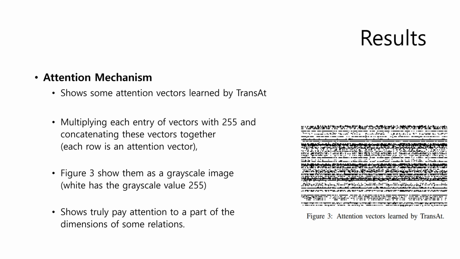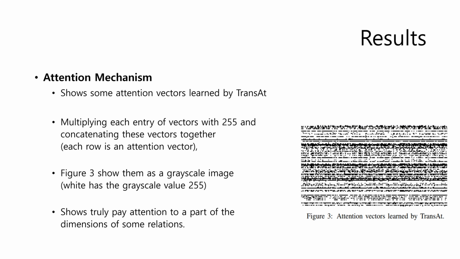And lastly, Figure 3 shows some attention vectors learned by Transat model. These are some randomly selected attention vectors learned by Transat model on FB15K datasets. Multiplying each entry of vector with 255 and concatenating these vectors together. Each row is attention vector, by the way. We show them as a grayscale image.